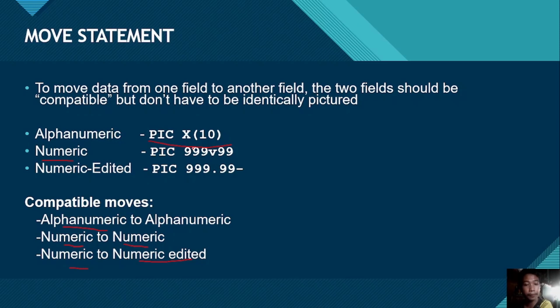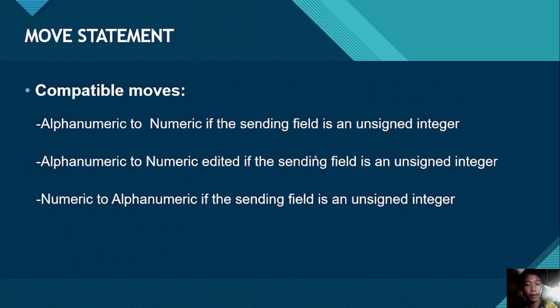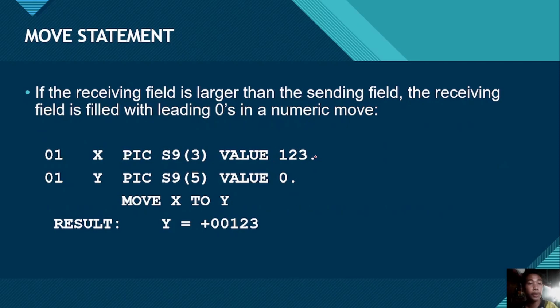If the receiving field is larger than the sending field, the receiving field is filled with zeros in a numeric move.